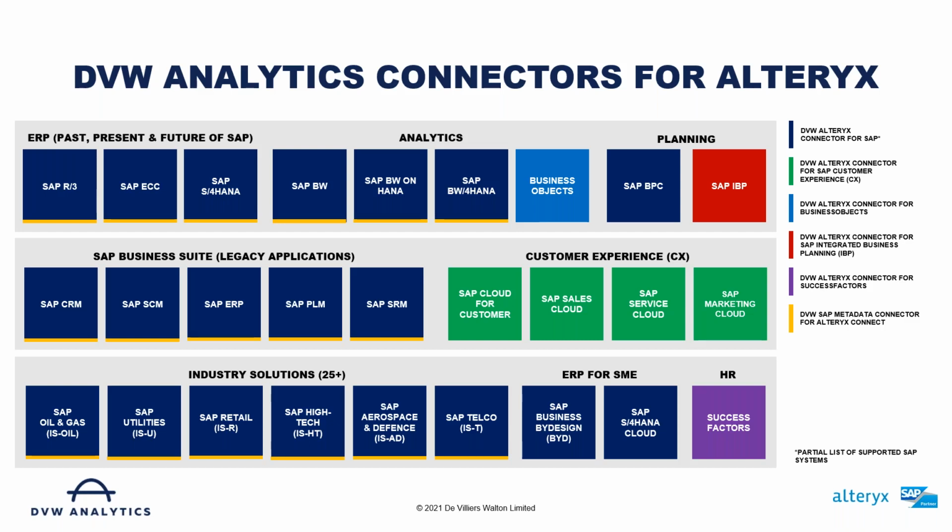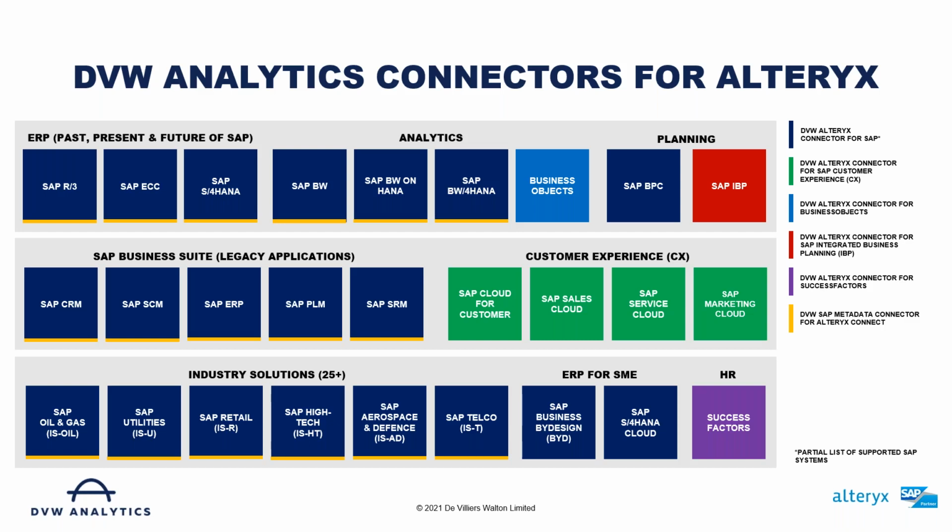You can see from top left ERP systems, whether it be ECC or older R3, through to S/4HANA systems we can connect to, BW on HANA or BW4 HANA. We also connect to all the legacy business suite applications, so CRM, SCM, etc., and all the industry solutions. As you can see, we've listed some below.